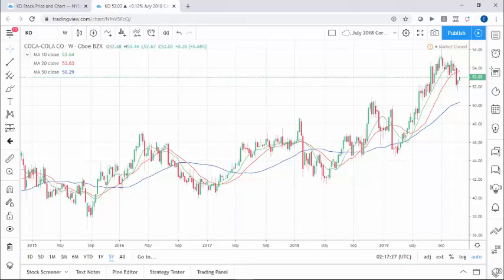But if you look, the 10-week and the 20-week are literally a penny apart. So with the averages so close, I would almost value this as being less relevant or inconclusive. I really like there to be a little bit more space between each of the moving averages.